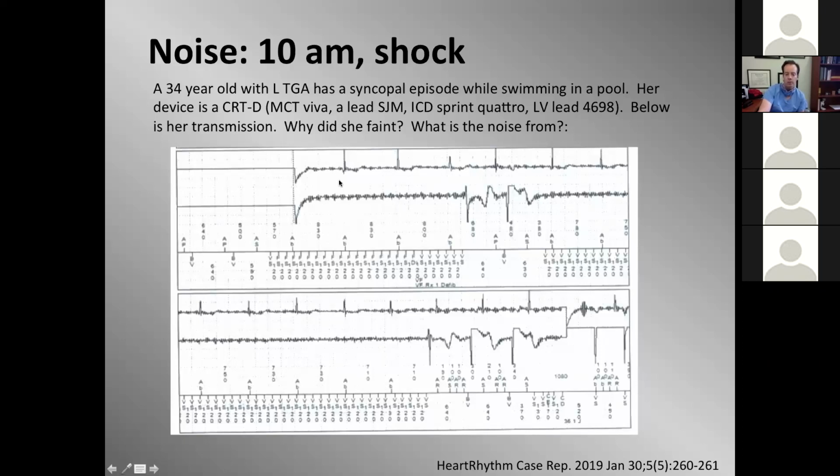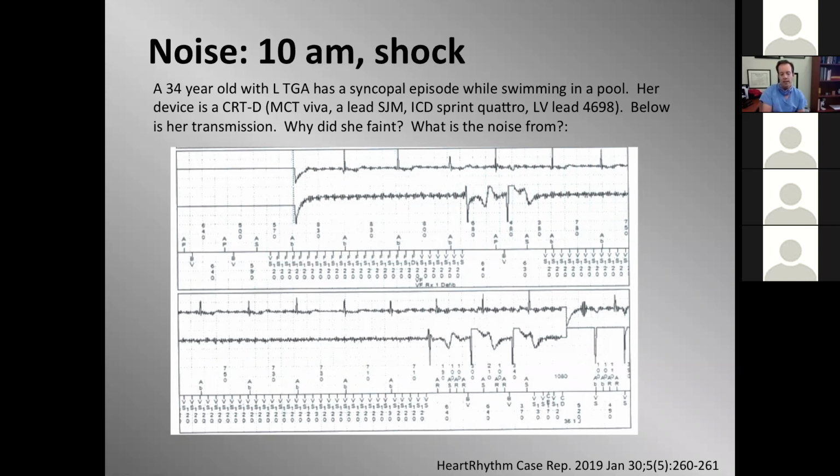Most people can appreciate the noise that's seen on both channels, and whenever you see noise on both channels, yes, you can have lead-lead interaction, but this pattern of noise is specific. And if you don't recognize this already, you need to burn this into your brain. Here's a good example of what we call aliasing.